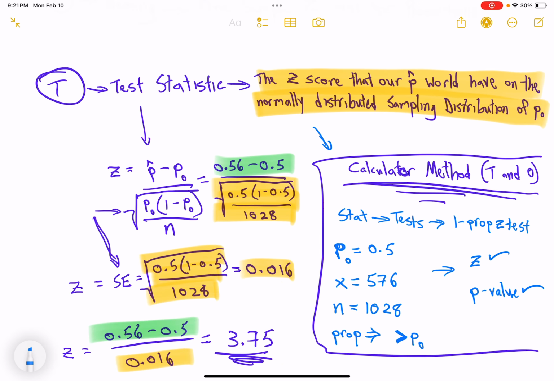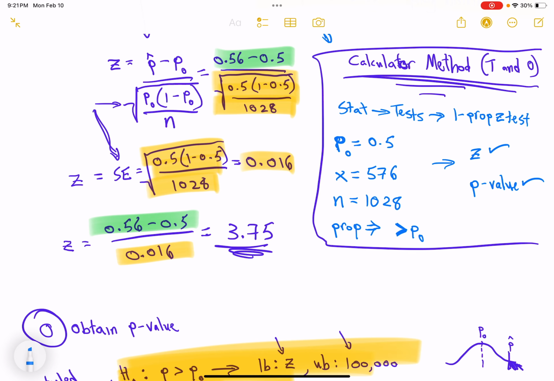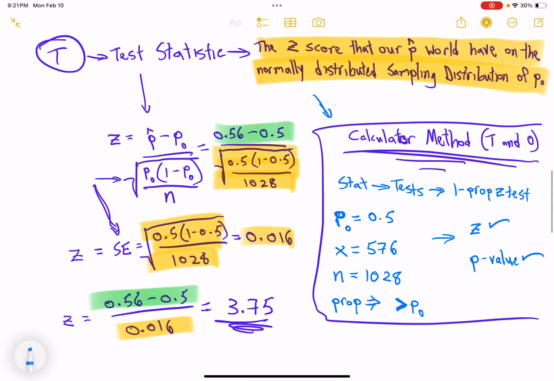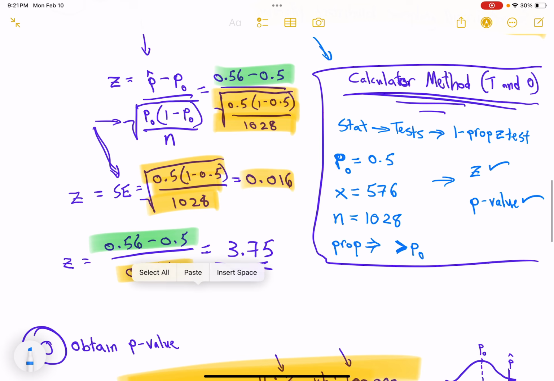Now, you have two options. One, you can just do the calculator method. This takes care of both T, test statistic, and O, obtaining the p-value. You go into stat, you run your tests, 1-PropZTest, you do the null proportion, in this case 0.5. You look at x, your success count. What I did was I took my p-hat and multiplied it by my sample size n and rounded up, so I got 575.68.